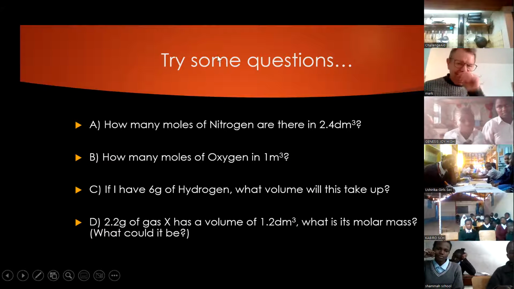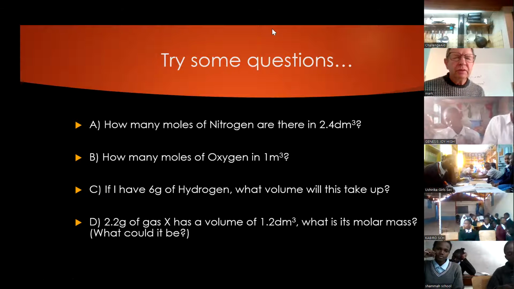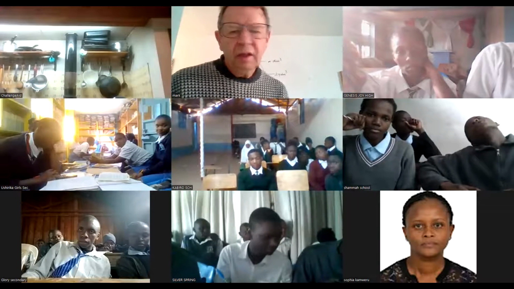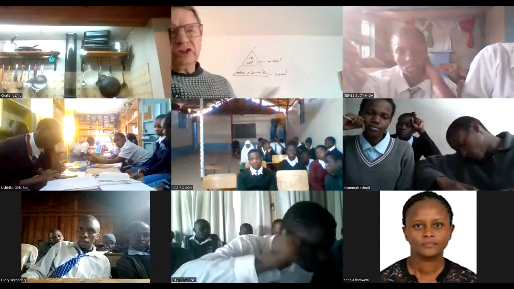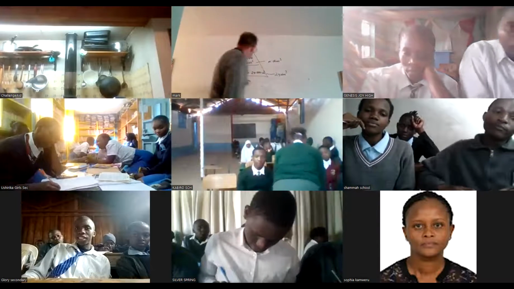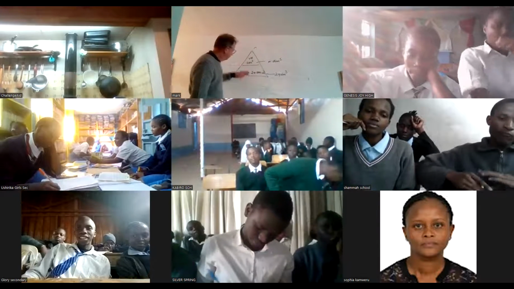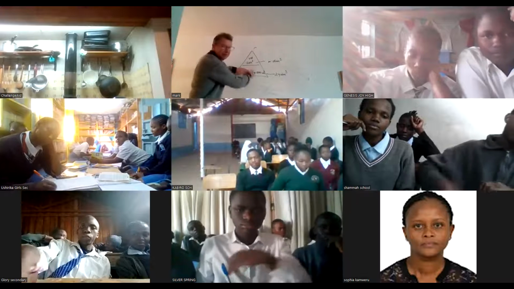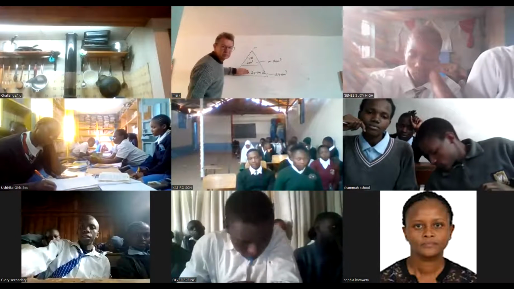Okay, I'm just going to stop sharing for a moment, and then I'll come to the answers. So here's the triangle. If I want the moles, it's always cubic centimeters over 24,000.